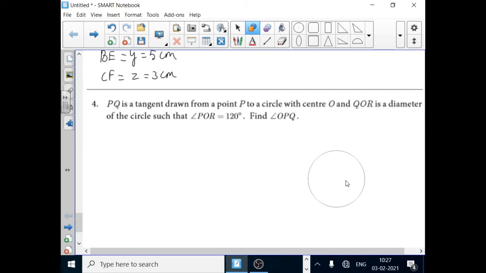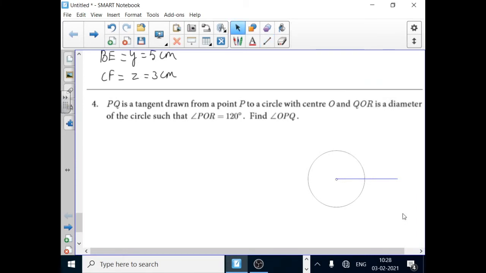First, I draw one circle. I mark that center as O. Through the center of the circle, I draw one line. And PQ is a tangent.